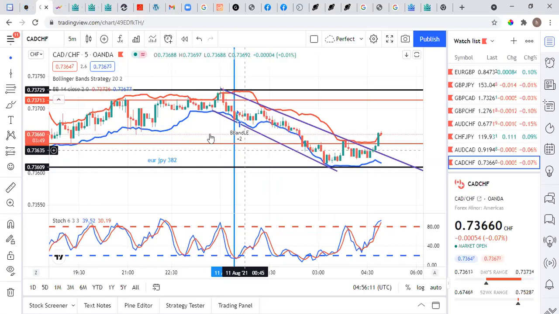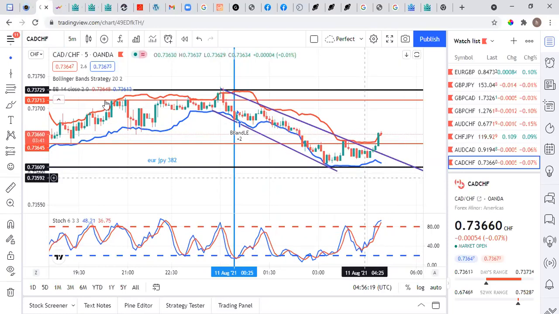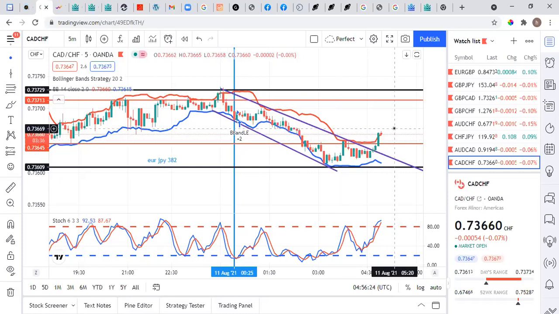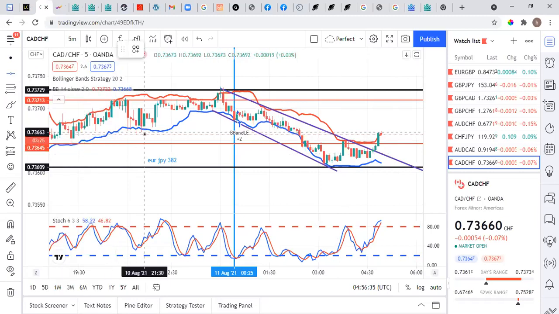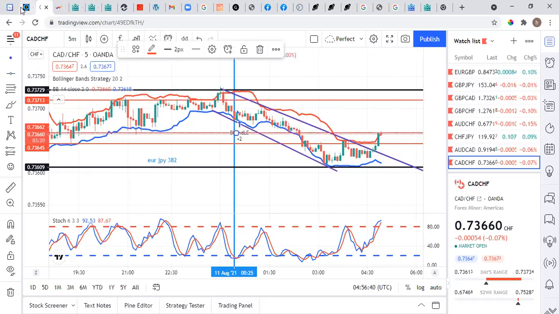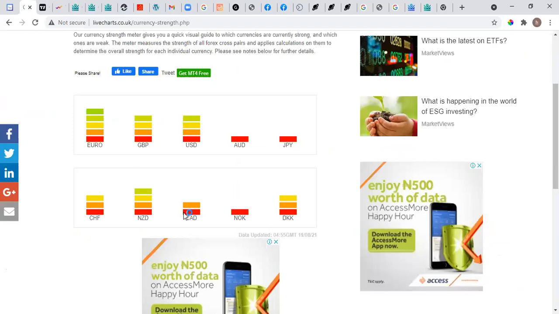So it's possible that the CAD has actually gained strength, or the CHF has lost strength. When that happens, it might break your distance and give you another area. There's a support here. That's why, if you're taking trades with strengths that are not so different from each other, you do low risk, because anything can happen.